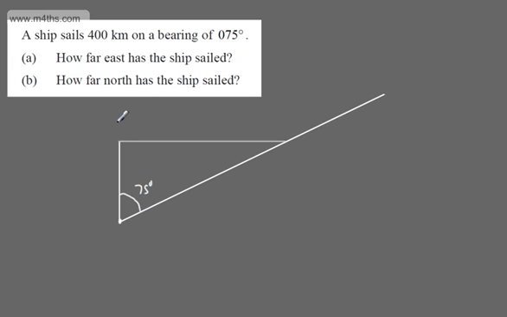So all I've done is essentially measured from north, and this is now my north line, and this is going to be 400 kilometres. Now this is simple right angle trig from here. So what we're going to have here, this right here is going to be how far it's travelled now north, and this is going to be how far it's travelled east.